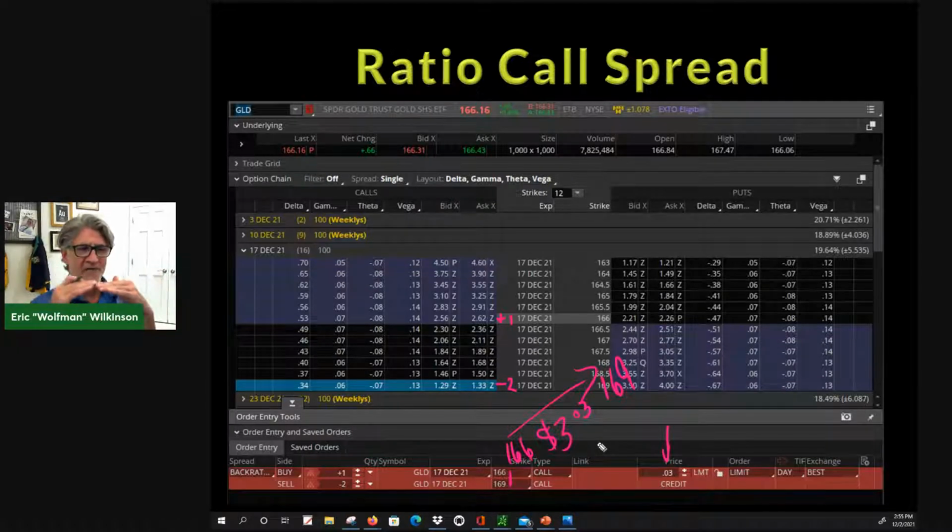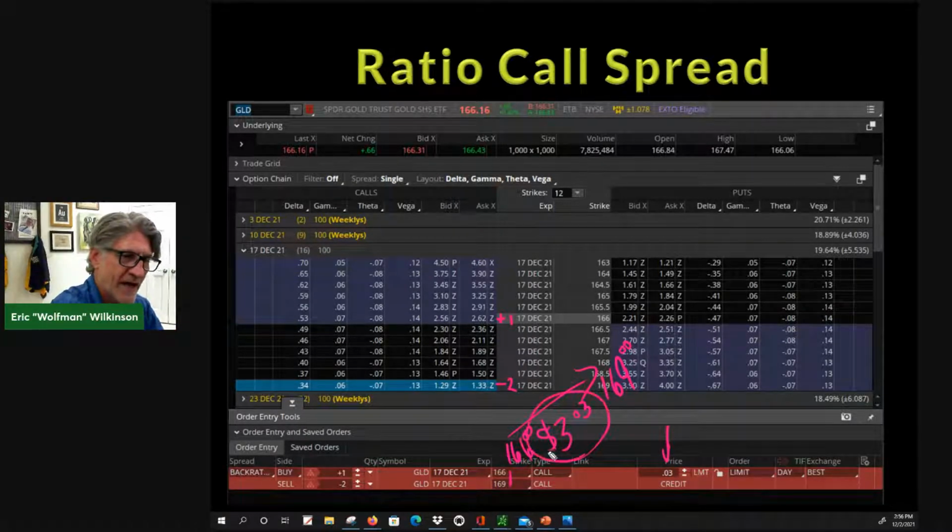If the underlying finished right at 168.99 at expiration, that's the only way to really get all of it, and it's pretty impossible to get all of it, to be honest. You can get a couple extra. You're always going to lose a couple of pennies there, but that's not worth not doing the strategy over. It's just very difficult because you've got to nail the number. But that $3 I would make all the way to 169.